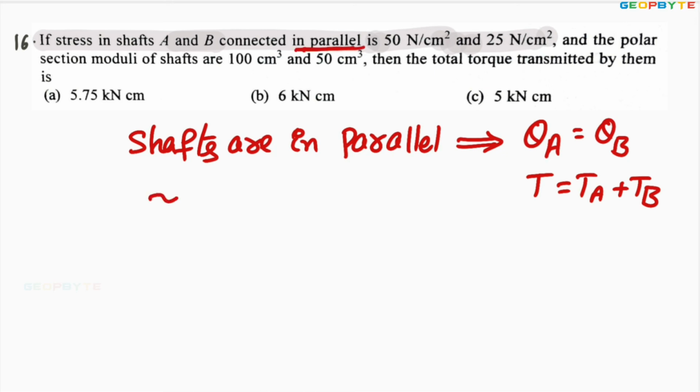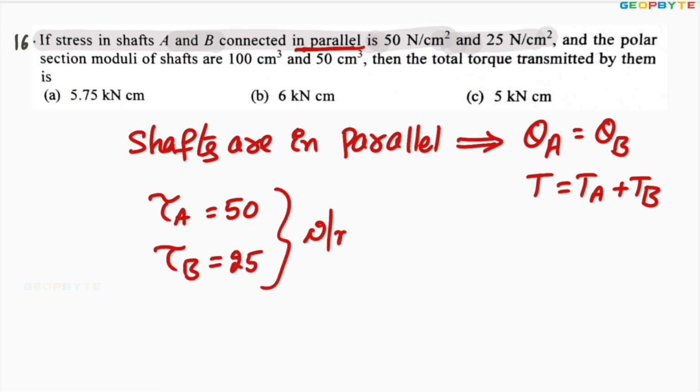The stress given for A is 50, and the shear stress for B is 25, both in Newton per cm square, not meter square.